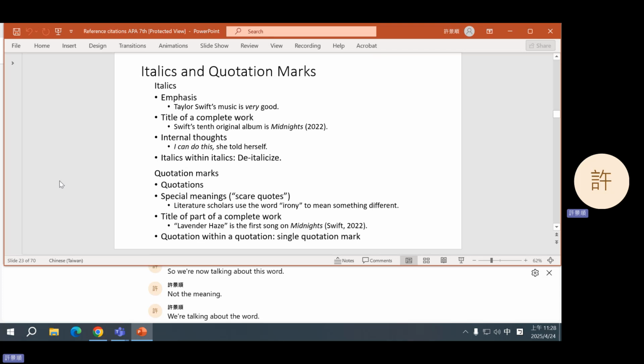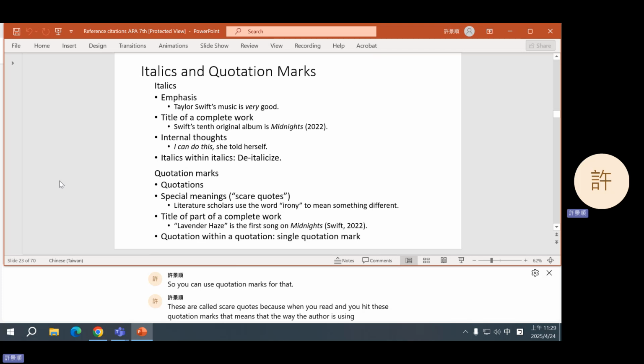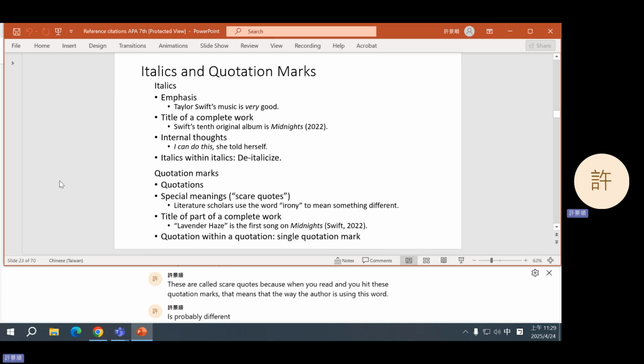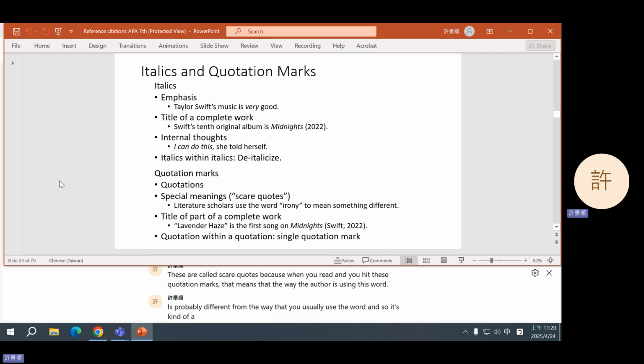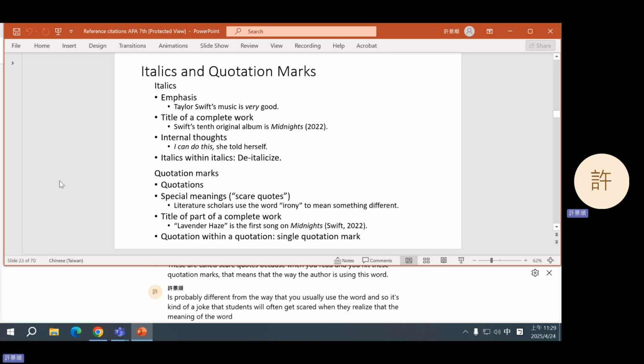So you can use quotation marks for that as well. These are called scare quotes because when you read and you hit these quotation marks, that means that the way the author is using this word is probably different from the way that you usually use the word. And so it's kind of a joke that students will often get scared when they realize that the meaning of the word is not what they expect.